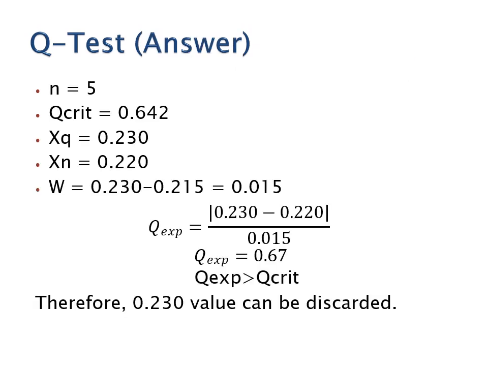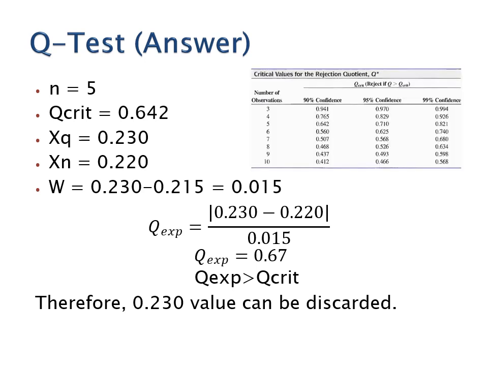So, to solve for Q-test, so N is 5. So, paano natin nalaman na 5 yung N? So, syempre, binilang natin kanina kung ilan yung given. And Q-crit, paano malalaman yung Q-crit? So, here, sa table ng critical values. And then, XQ, yung pinaghihinalaan mo or yung sa pinagdududahan mong resulta. And then, yung nearest neighbor, yung 0.220.